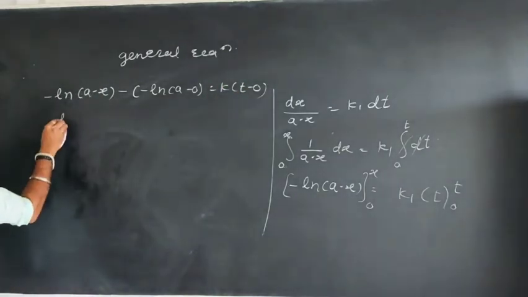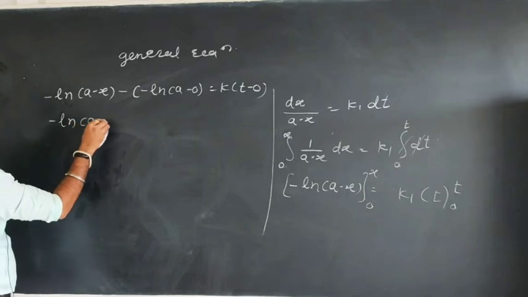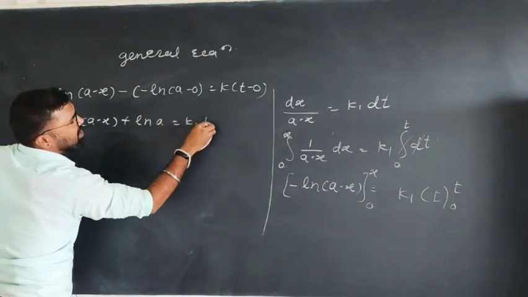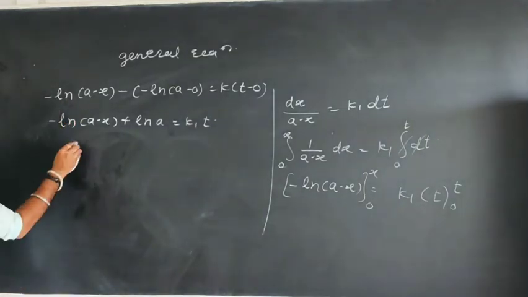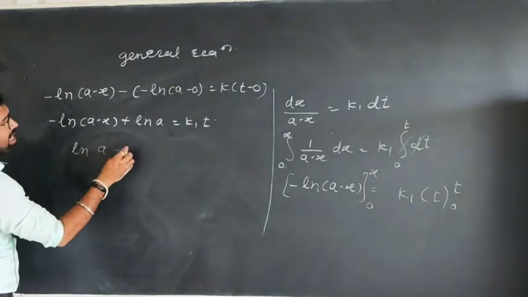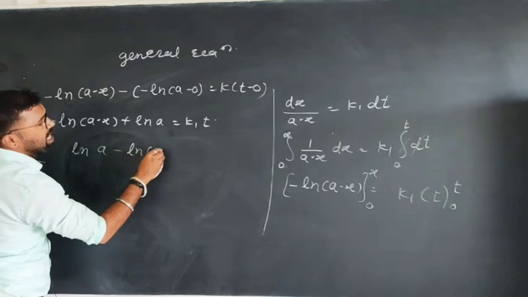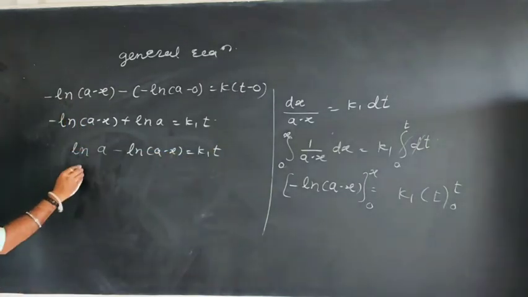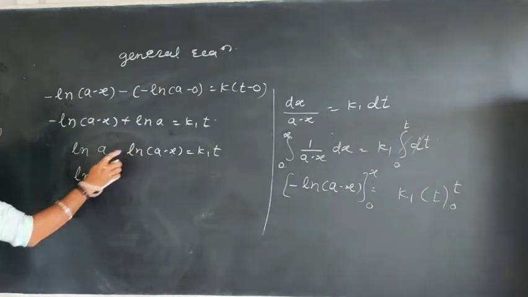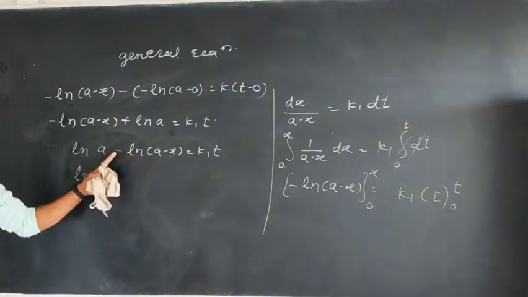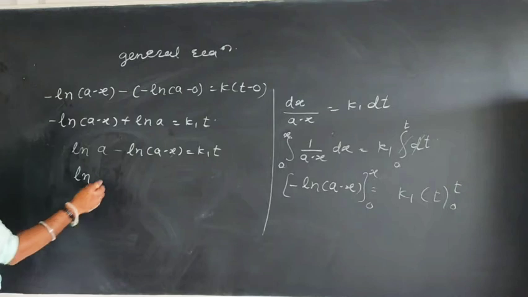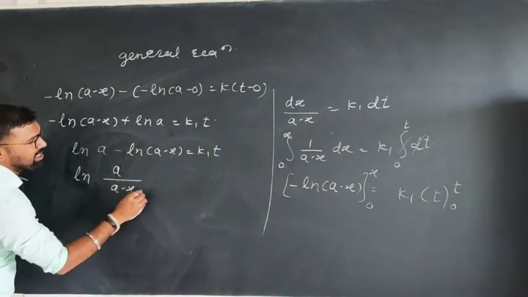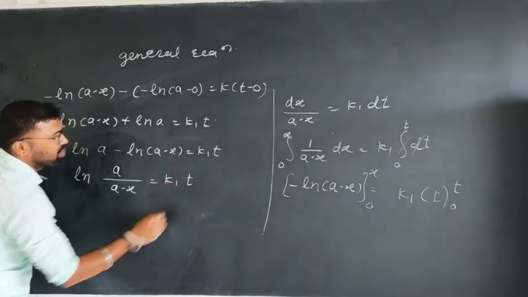The minus becomes plus, so ln of A minus ln of A minus x is equal to k1 into t. There is a subtraction, therefore division: ln of A upon A minus x is equal to k1 into t.